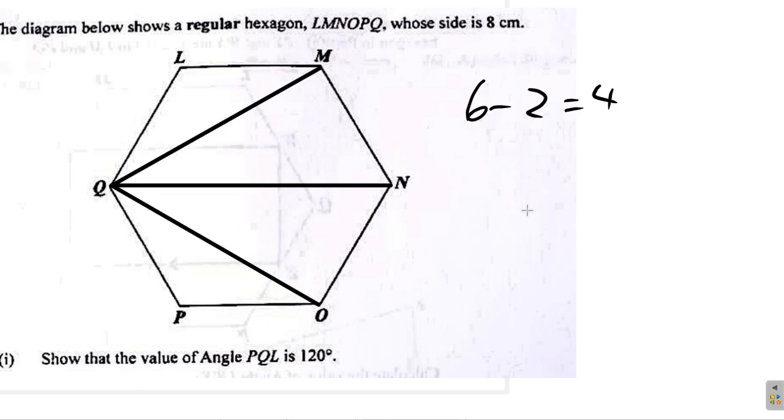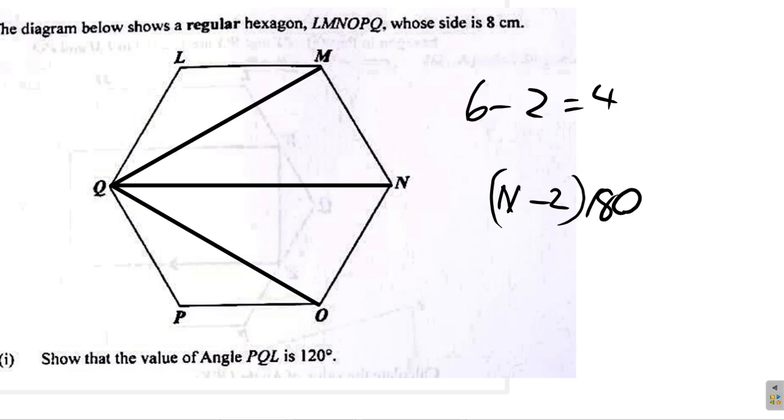Now the formula for the total internal angles of a polygon is n, the number of sides, minus 2, times 180. Because n minus 2 gives you the number of triangles you can form inside the polygon from one of the vertices by drawing diagonals, and then you multiply that by 180.